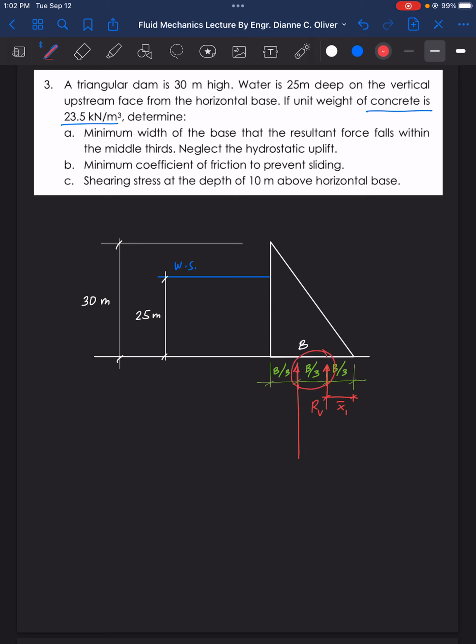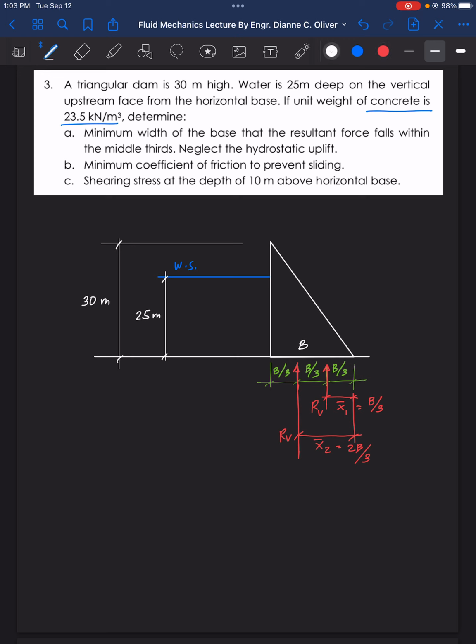This is the extreme boundary for the resultant force, here and here. So this is RV with distance X bar 2. What's the difference between X1 and X2? This is B over 3 and this is 2B over 3.